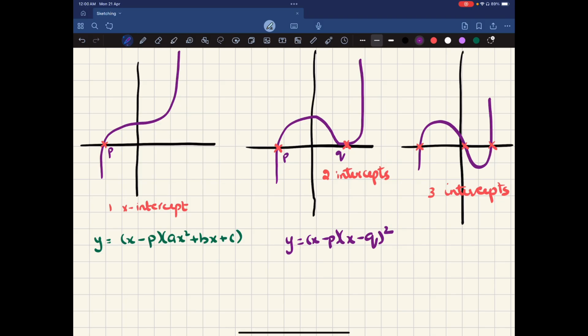And for 3 intercepts, it is going to have 3 distinct solutions or roots. So x minus P, x plus Q, x minus R. So this is P, Q, and R.